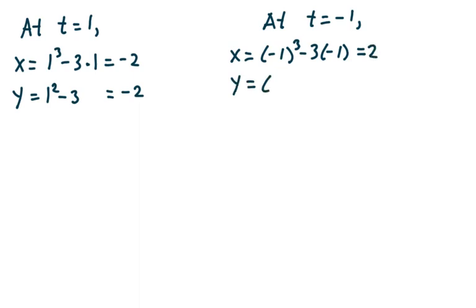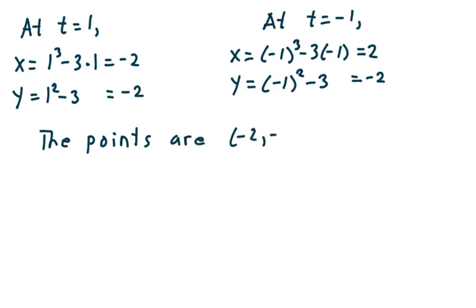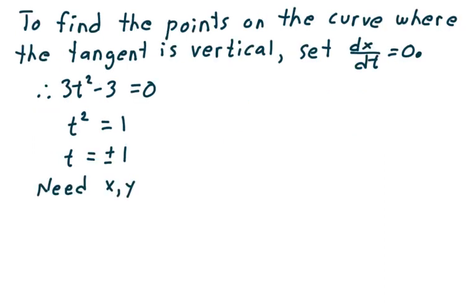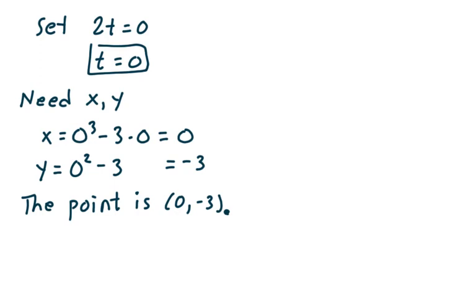And then y is negative 1 to the second minus 3, which is negative 2. So the points are (negative 2, negative 2) and (2, negative 2). So those points make the tangent, in this case, the tangent vertical. And then over here, the point (0, negative 3) makes the tangent horizontal.